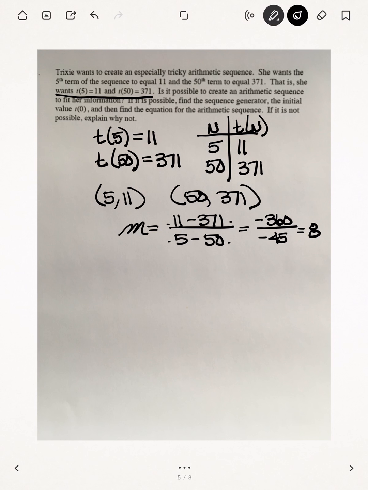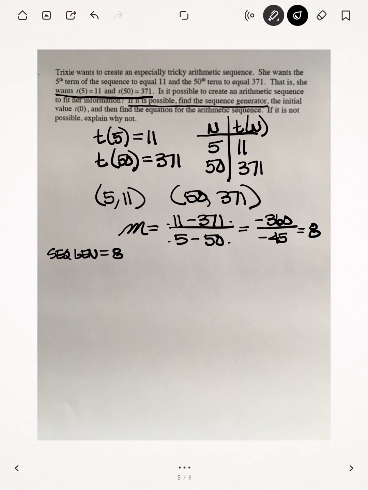It said, if it is possible, find the sequence generator. Well, we just found our sequence generator is 8. Okay. We want to find t of 0. Well, to find t of 0, that's our starting point.